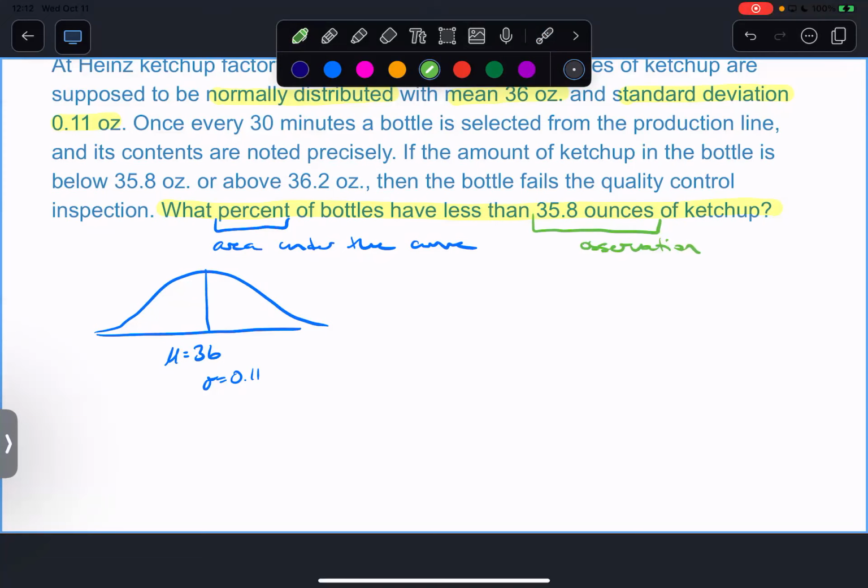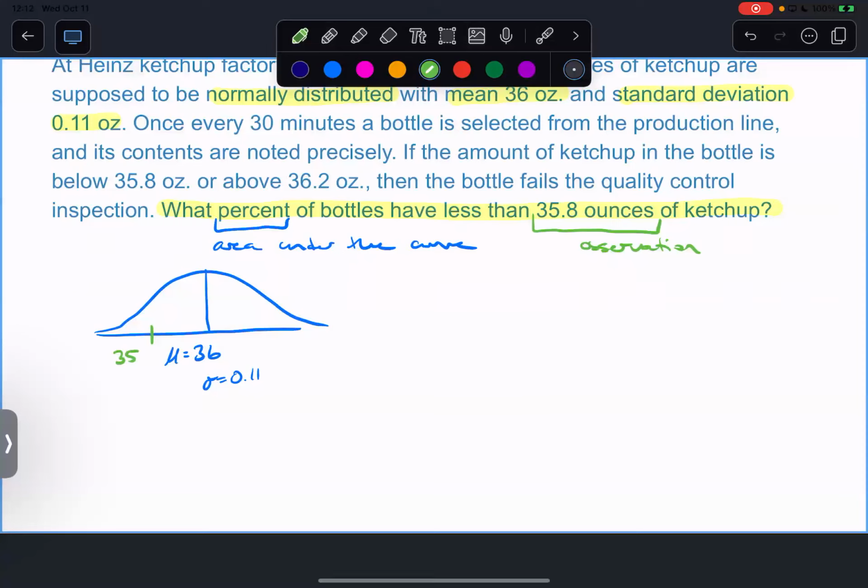So I'm going to put that. No one likes it when I put it that far out, but it's just to visualize things. So you're not doing anything to scale really. As long as you're on the correct side of the mean, then you're okay, right?